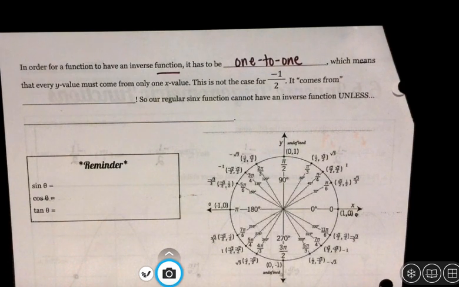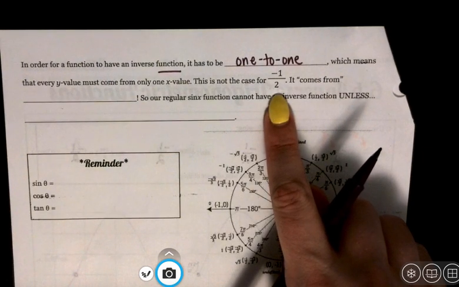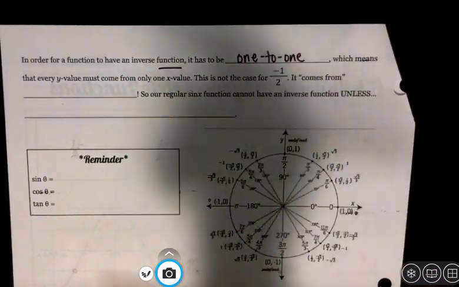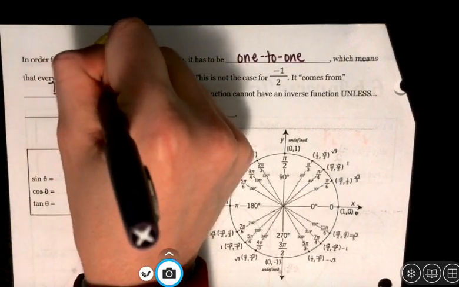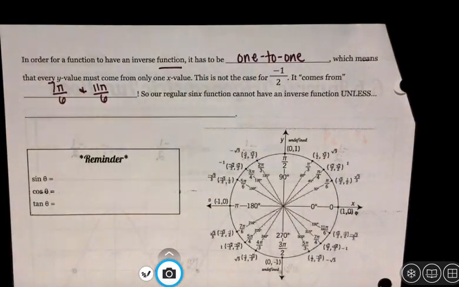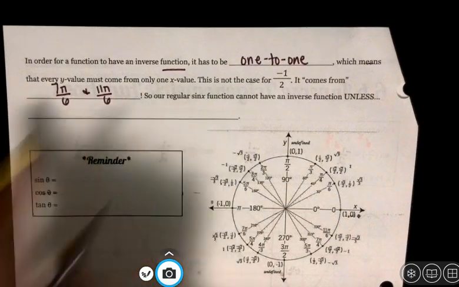And that is not the case when we found arc sine of negative 1/2, because it came from multiple angles.